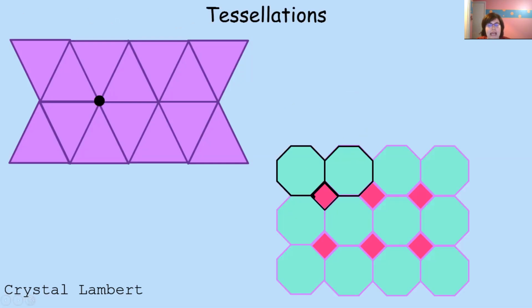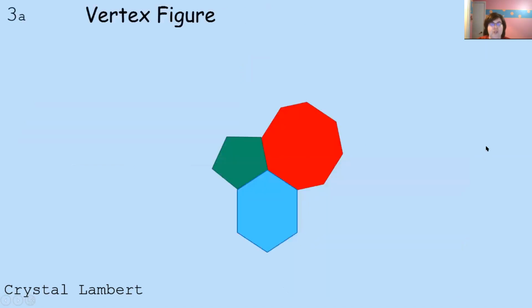So this black area is what we see repeated. So you have your octagons and your square, and then we could have had a square here. See, so it's octagon, octagon, square, and this pattern repeats over and over and over. And that is tiling.